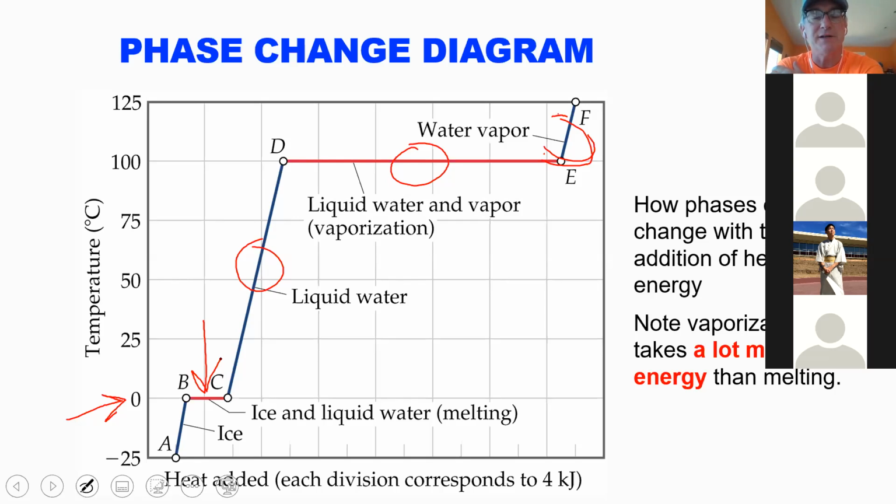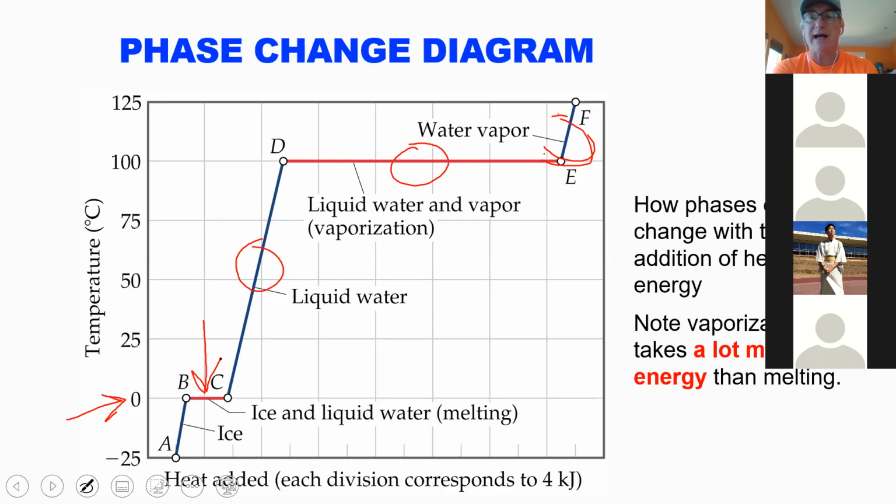If half the ice in your ice water is melted, what's going to be the new temperature? If it is not completely melted, it's still 0. That's correct. That's right.